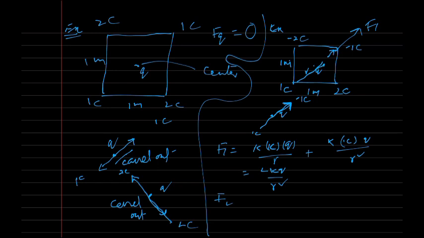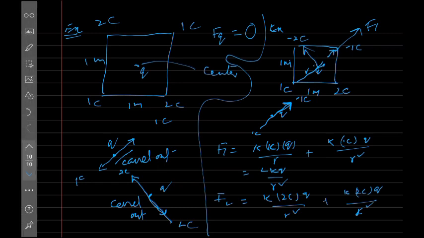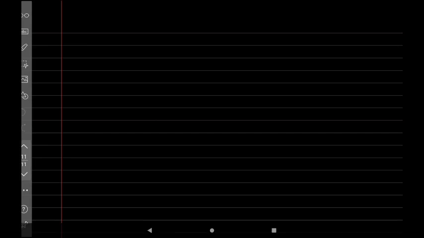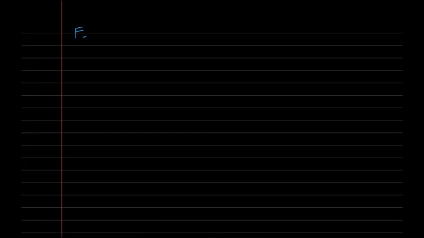So F2 acts in this direction, right? F2 is equal to K 2C Q by R square, plus K 2C Q by R square, right? What I'm getting is the final equation: F2 is equal to 4KQ by R square. I'm just using the variables. We'll substitute the numerical values later.